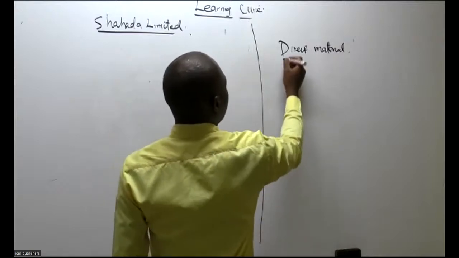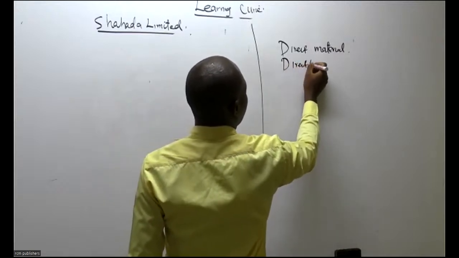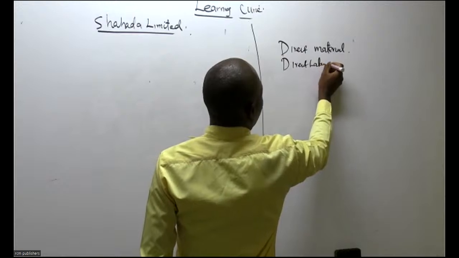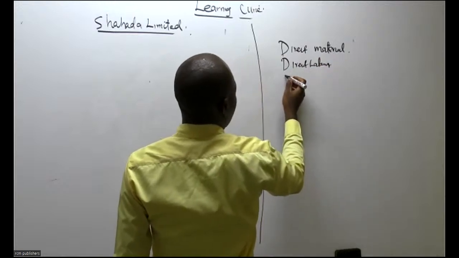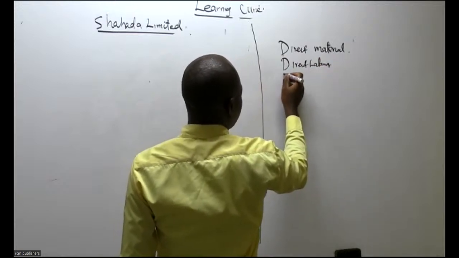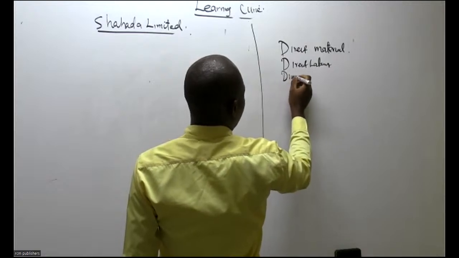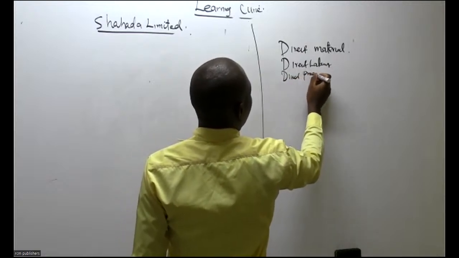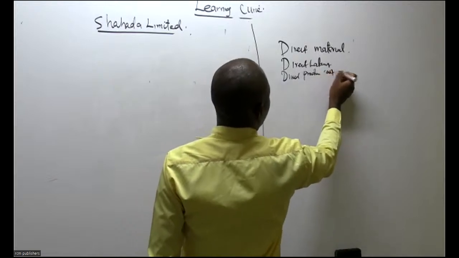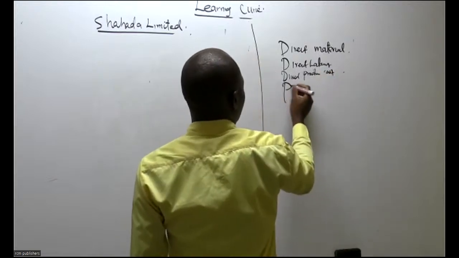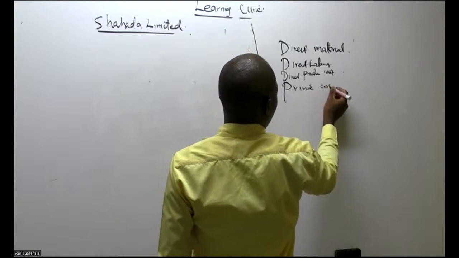Direct material, we need direct labor. If we add these two, and any other direct production costs, we should be able to arrive at what we call prime cost.